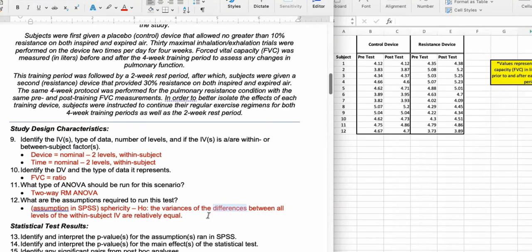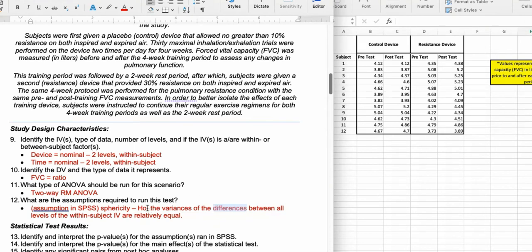So if we had 3 groups, we'd look at the difference between the variances for groups A and B, groups B and C, and groups A and C. This is the reason why sphericity won't give us a p-value if we only have 2 levels, because the difference between the variances of 2 levels is just one difference, and then we're not able to see if differences are relatively equal or not.